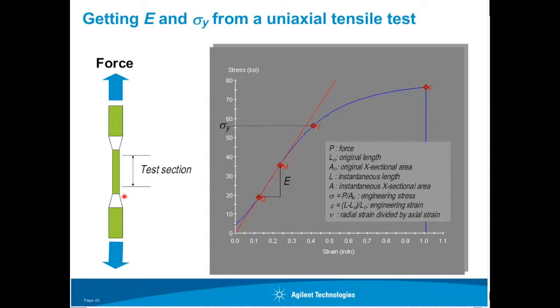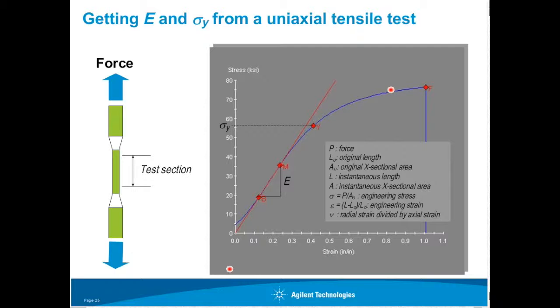Okay, so we would get a plot like this. We would get stress versus strain. And remember, stress is the force divided by the cross-sectional area for this geometry, and the strain is the change in length divided by the original length. And what we would see is a plot like this.